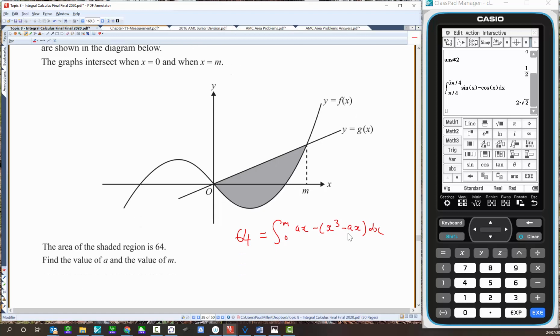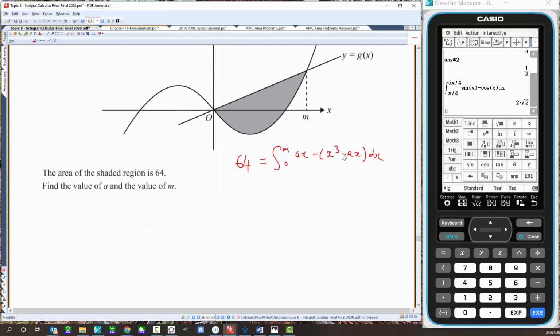All right, let's see what happens here. 64 equals the integral between m and 0 of ax take x cubed plus ax dx. 64, m, 0, 2ax take away x cubed dx.